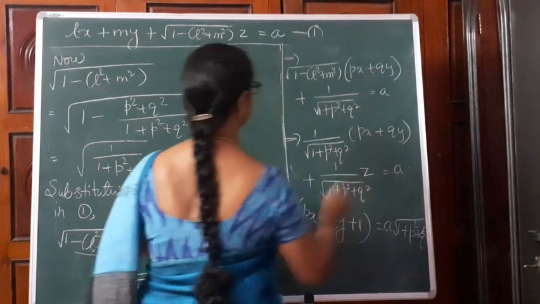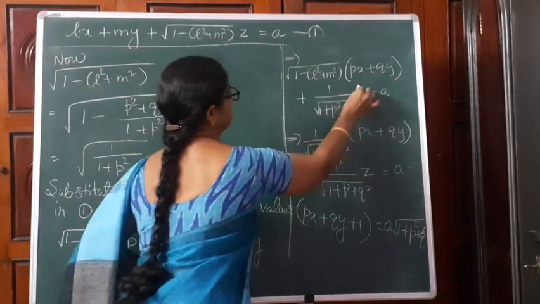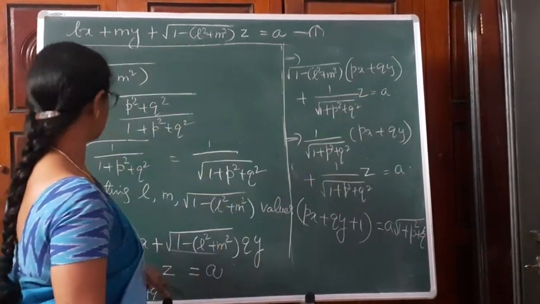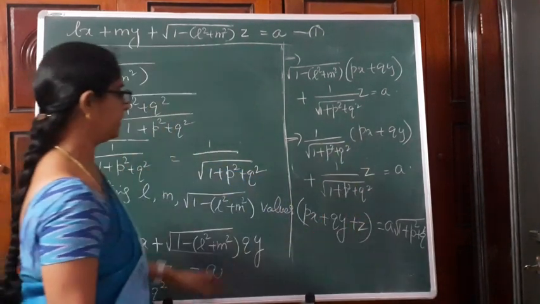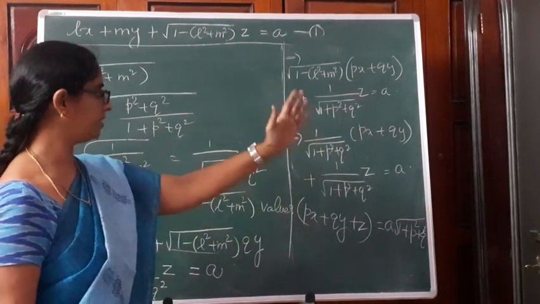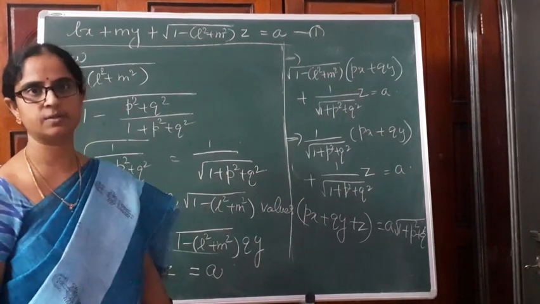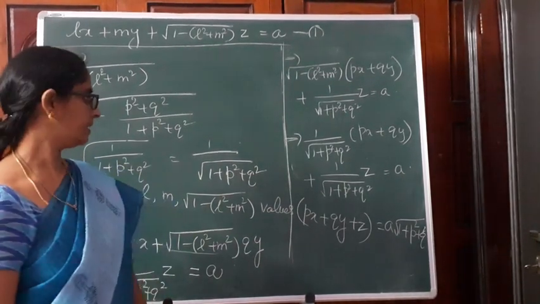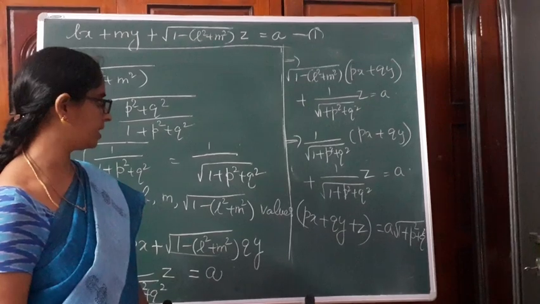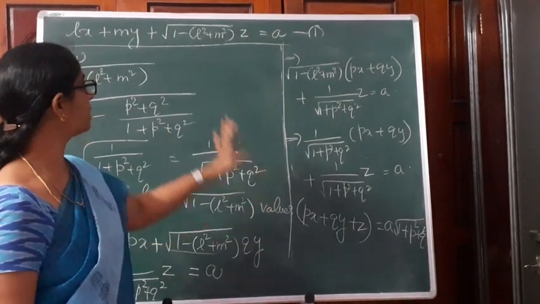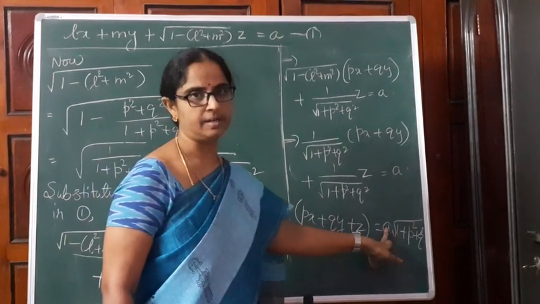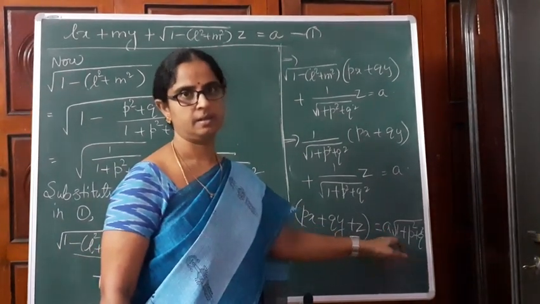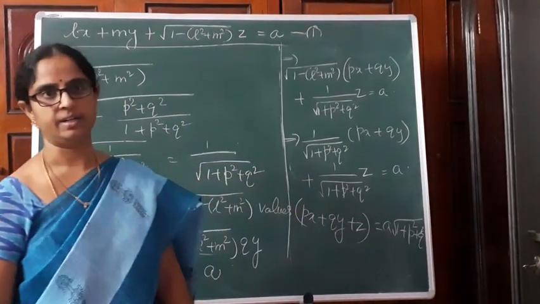So px plus qy plus z is equal to a into root over 1 plus p square plus q square, a required partial differential equation. Here we eliminated arbitrary constants L and M. A is just a constant, a constant distance. So this is a required partial differential equation.